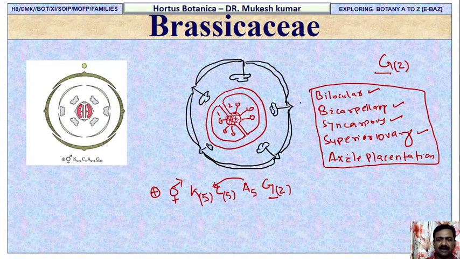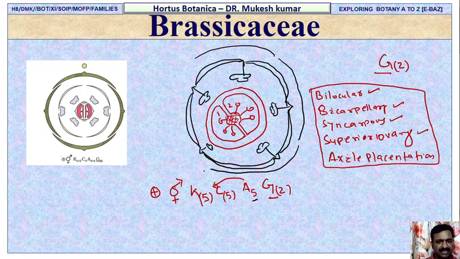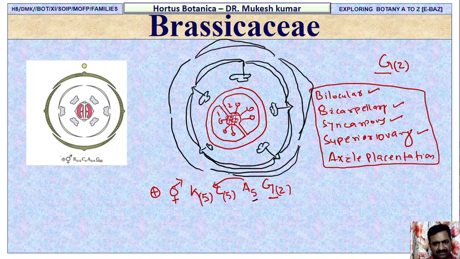Yes, the total we have is 5. And outside we have again 1, then 2, 3, 4, and finally the 5th one. And what is this? This is your calyx. So how many do we have? 5 corolla, 5 calyx.